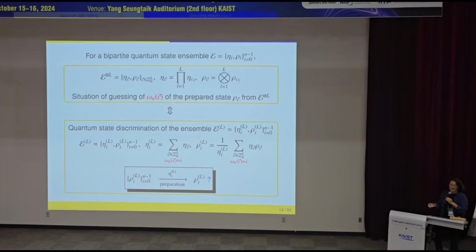We can take the average with this normalization and the probability distribution, so that we can have another state ensemble, which is the ensemble of average states. And the situation of guessing the weight of the index is equivalent to state discrimination of this ensemble of average states. Okay?